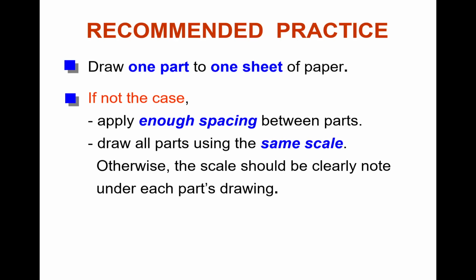Tapi you juga boleh letak beberapa part dalam satu sheet of paper if you can apply enough spacing. Maksudnya kalau you punya sheet of paper tu have more space atau spacious enough for you to include more than one part, okay, you can do that, but make sure you apply enough spacing between the parts. And then also you have to draw all parts using the same scale.